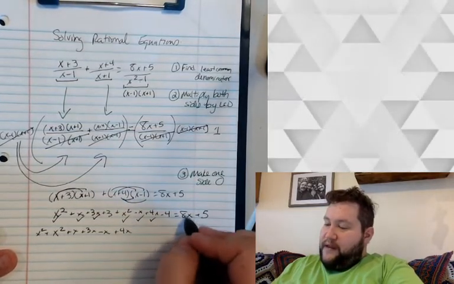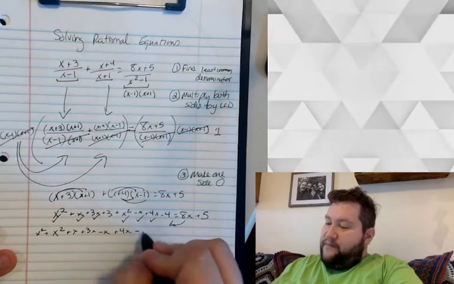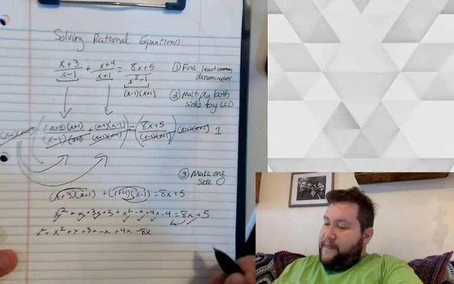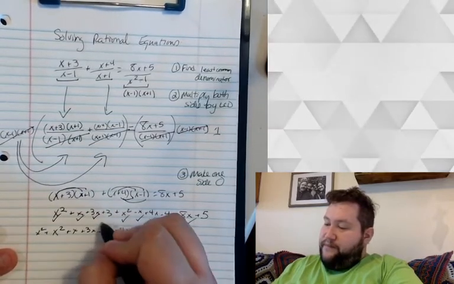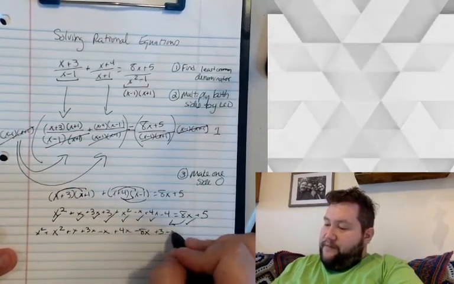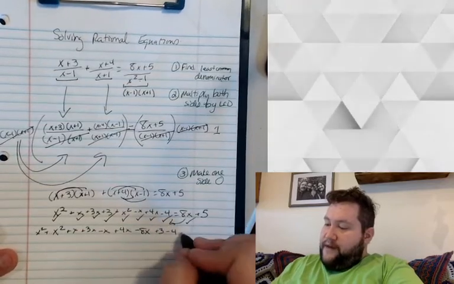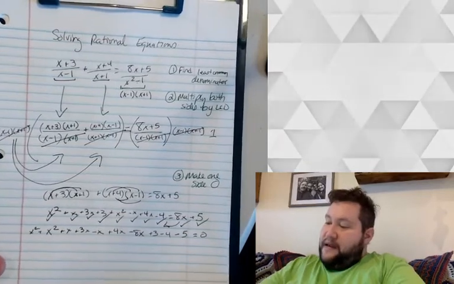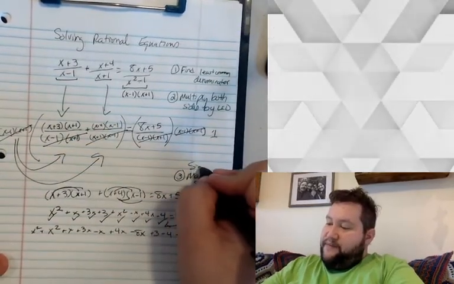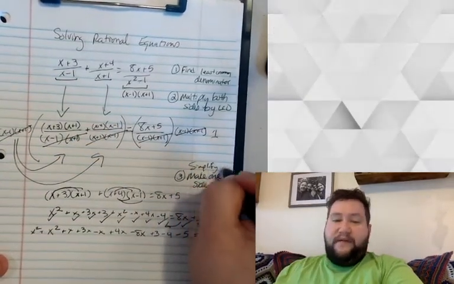So if I subtract that over, I get a minus 8x. That's taken care of. And then our constant terms, plus 3, minus 4, minus 5 equals 0. So I simplify and make one side 0.